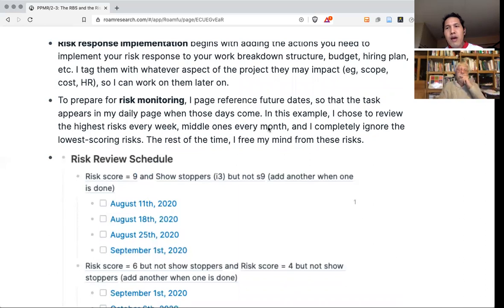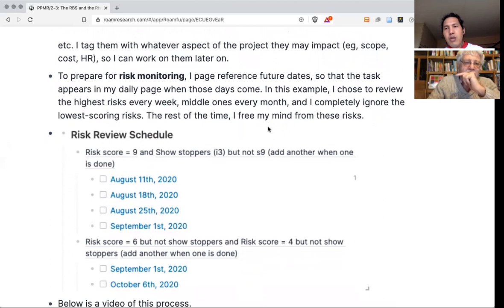First you identify risks using the risk breakdown structure, ideally making use of the expertise of other people. So you don't have to rely on your own imagination. You rely on people's knowledge by interviewing them, by reading papers, by reading blog posts.